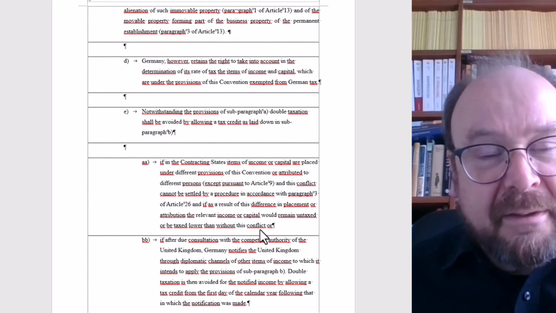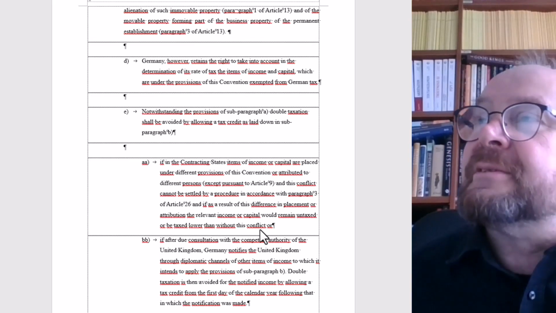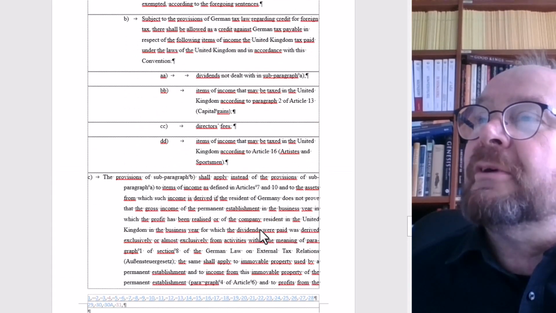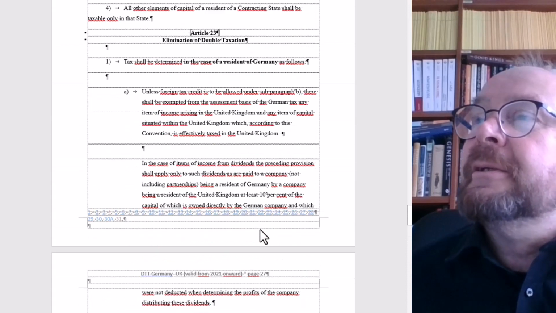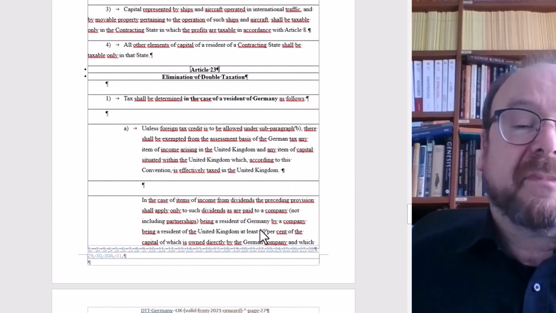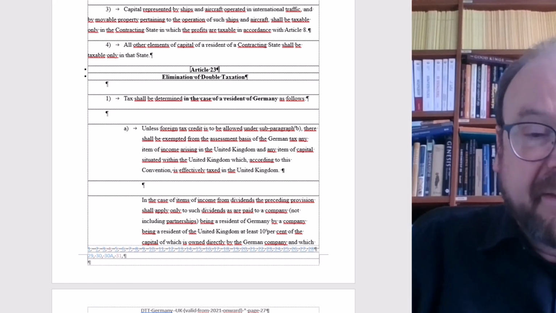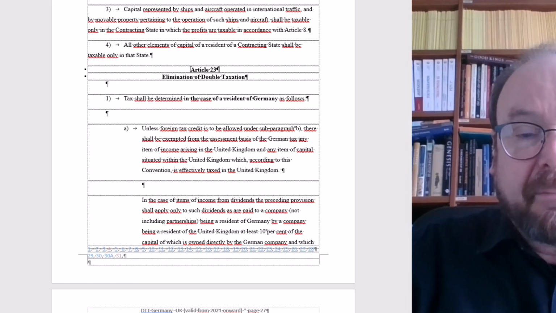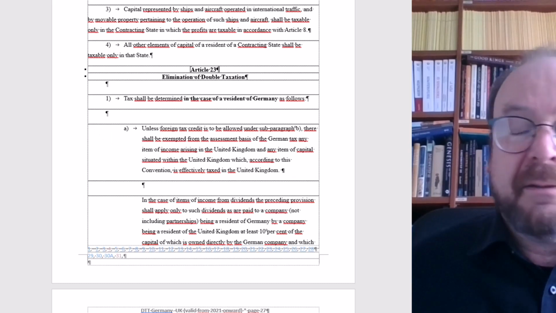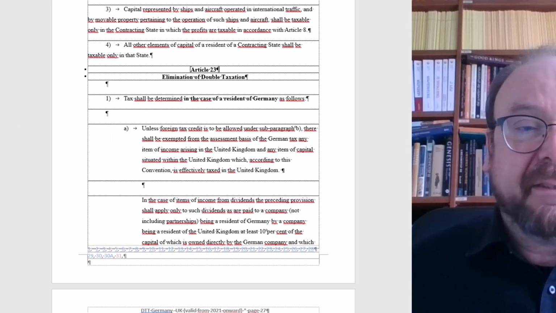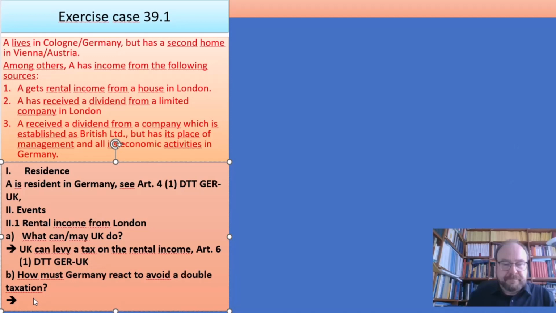Nothing of that changes the first subparagraph, letter A here, that there will be an exemption as we expected. So we can sum that up. That's evidently what's coming out here.